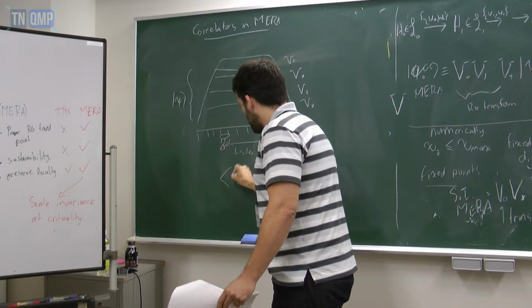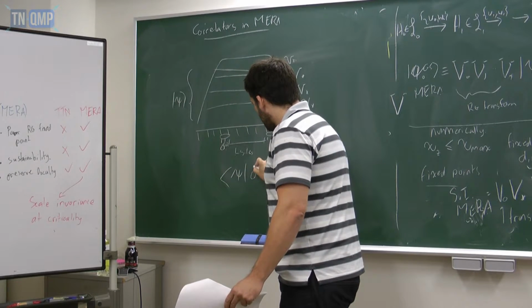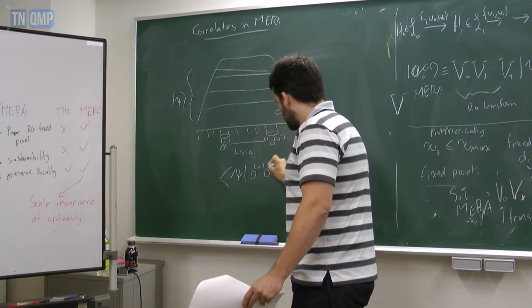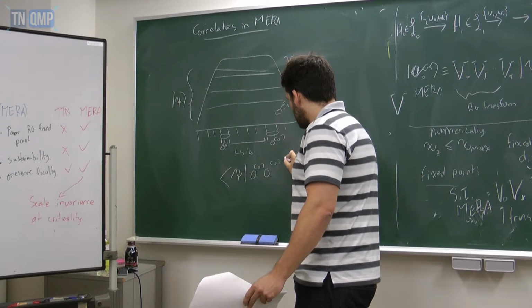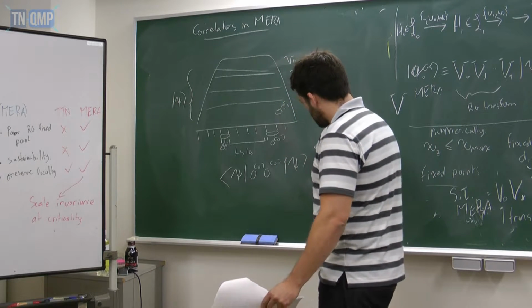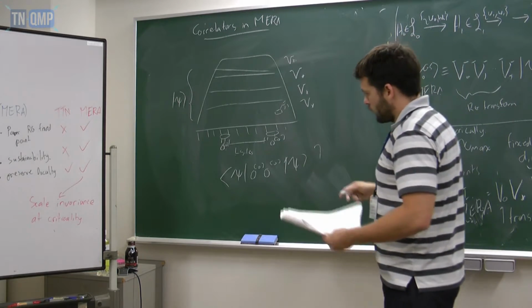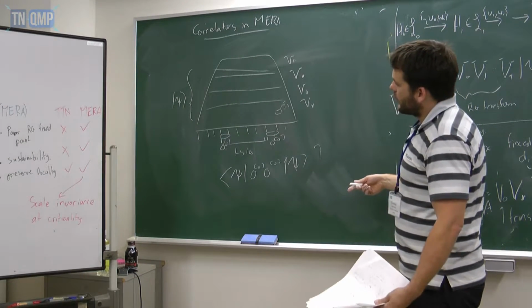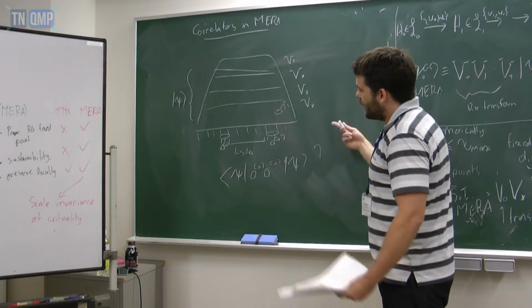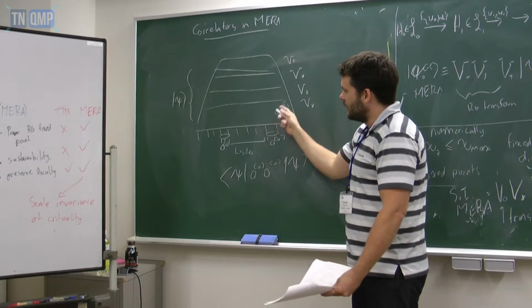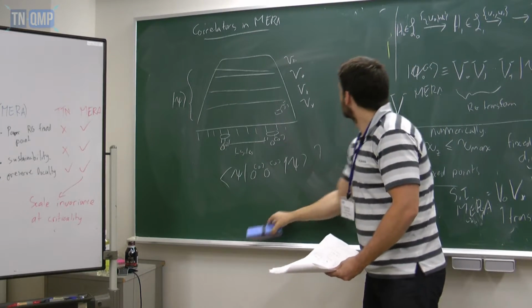So what is my phi O naught? Okay, so what can I say about the 2-point correlators in a MERA without actually knowing any of the content of the tensors?